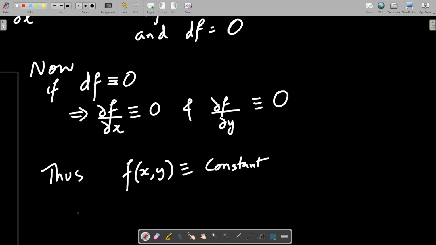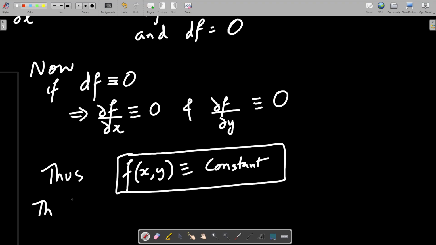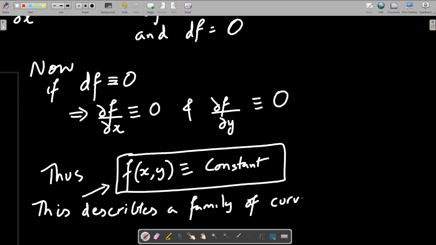So now, the equation of a function equal to a constant, f(x, y) = c, describes a family of curves. What do I mean by family of curves?